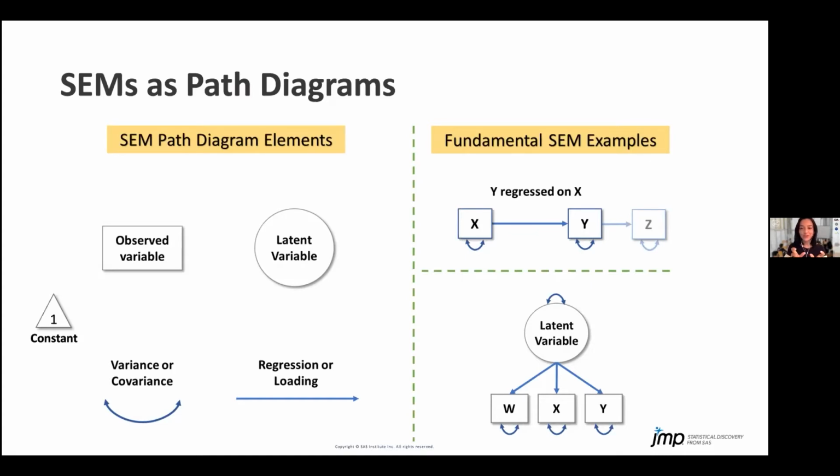We wouldn't want to use the term latent variable interchangeably for a component. We actually like to keep those terms as very distinct. And so what I want to do is take a little detour, just a one slide detour, to explain the difference between a latent variable from a psychometric factor analytic perspective and a component from a principal components analysis.